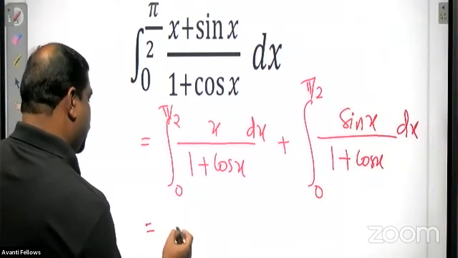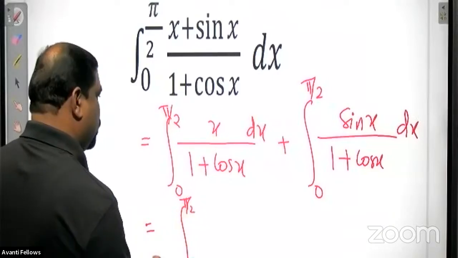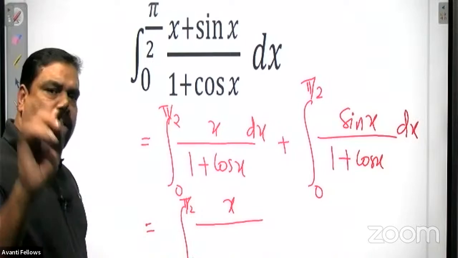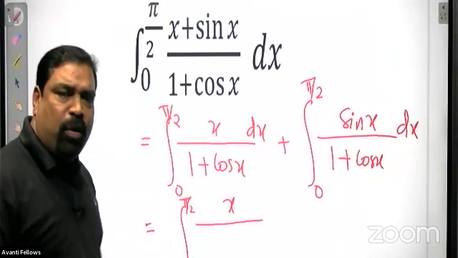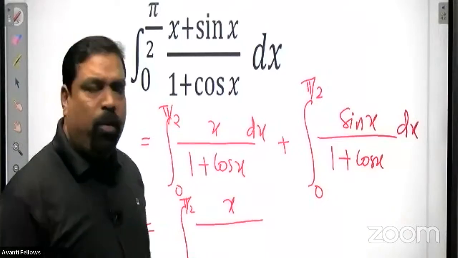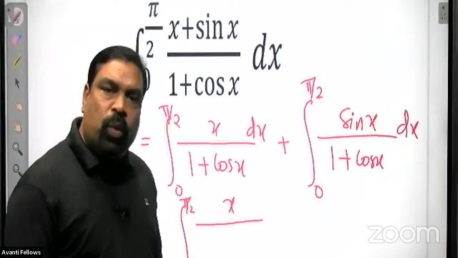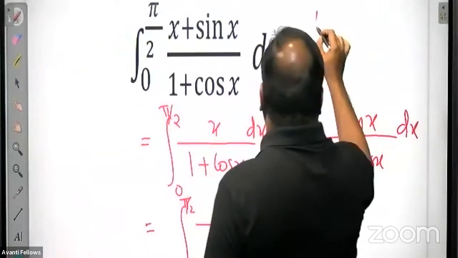And this is equal to the integral from 0 to pi by 2 of x divided by 1 plus cos x. For 1 plus cos x, you can apply a trigonometric identity. You may be remembering that 1 plus cos x equals 2 cos square x by 2. Remember, it is a very important identity.